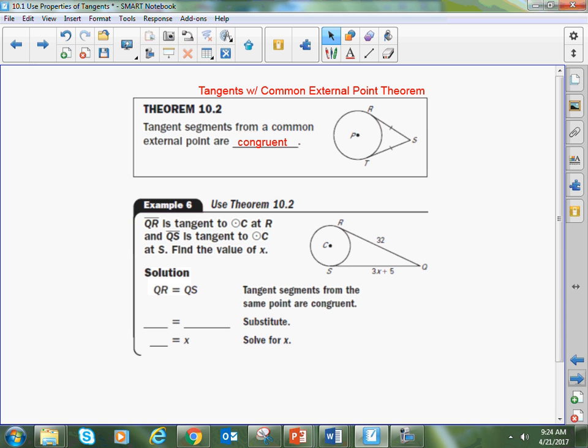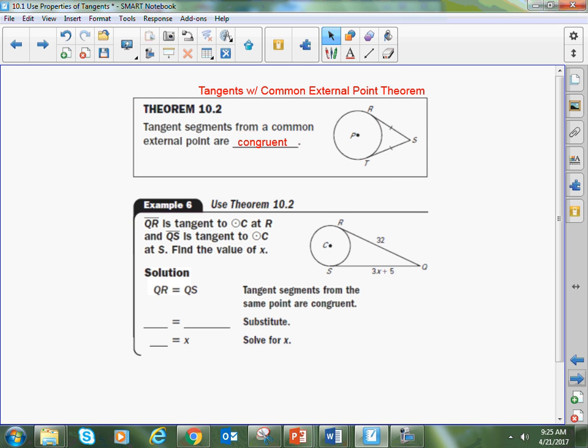So segment SR and segment ST share point S outside of the circle, but both segments are tangent to the same circle, then those segments themselves are congruent to each other, which will allow us again to recognize when I have things that are congruent to each other, how we can use algebraic expressions to solve equations.